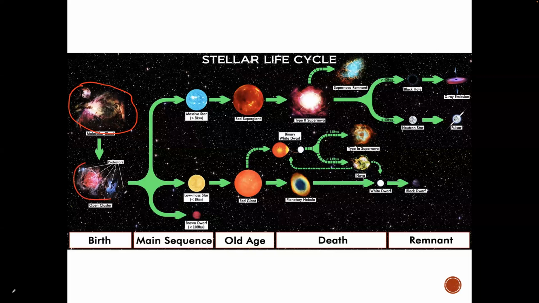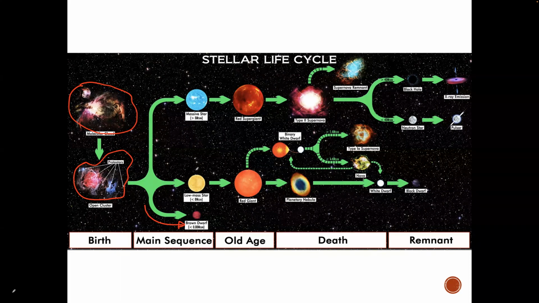After forming, we call it a protostar. From a protostar, these stars will move on as main sequence stars, right? Now, some stars will not have enough mass to go through this process, which we called failed stars or brown dwarfs, because they do not have enough mass to burn hydrogen into helium or start nuclear fusion reactions.